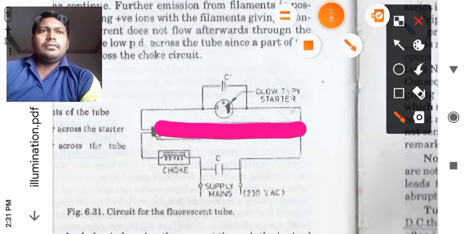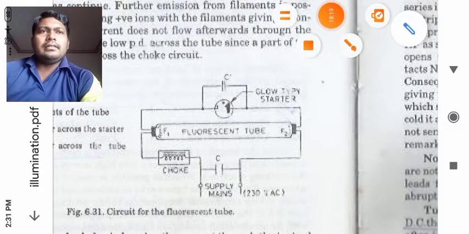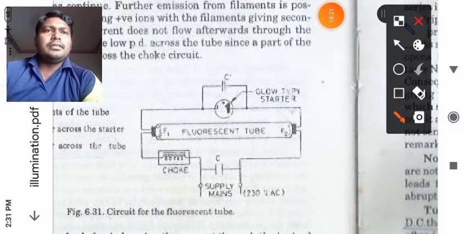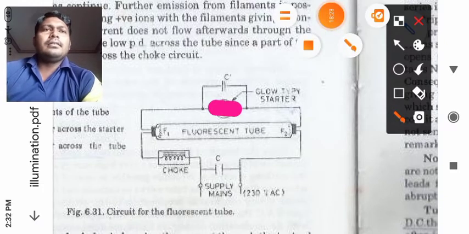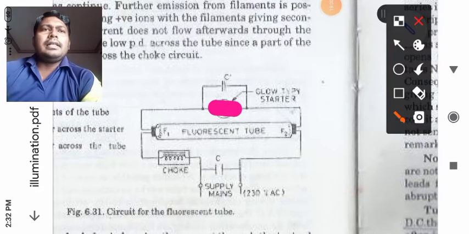Now what else is there? There is also a capacitor, and a glow type starter. This is the starter. There is a choke. This one is the choke.